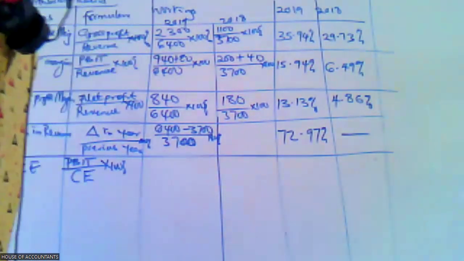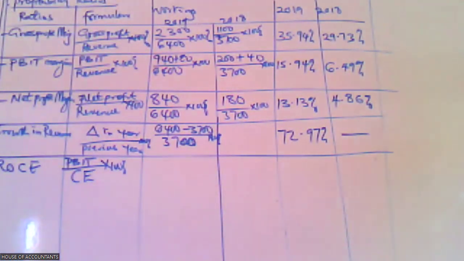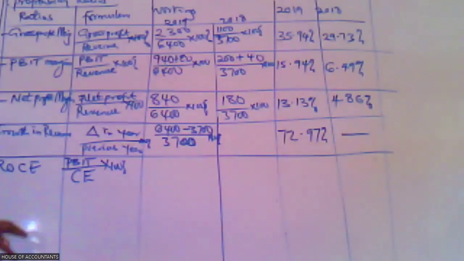Now, listen to this. Anytime you are calculating profitability ratios, if they ask you to calculate just two ratios, make sure capital employed is part of it. Are you getting that?